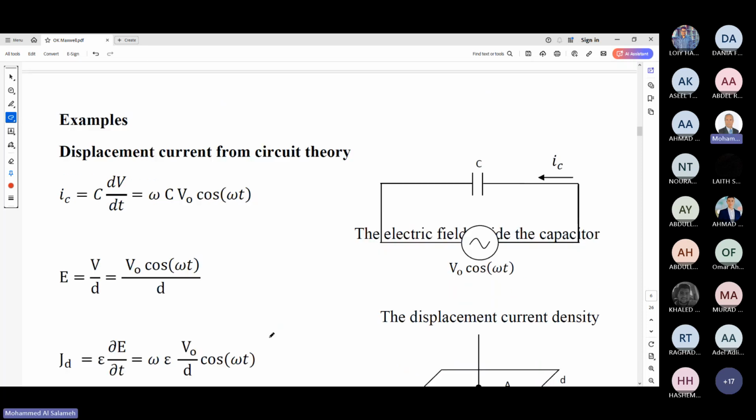Why is it like that? Okay, this needs just to correct this. Okay, now okay.